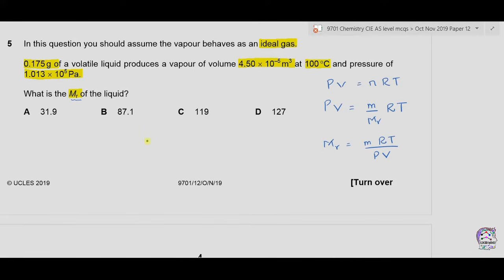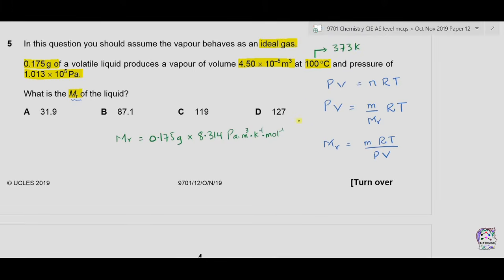Now we can put the values. Mr will be equal to mass, which is 0.175 grams, into the ideal gas constant, 8.314 pascals meter cube per Kelvin per mole. Temperature is given in degrees centigrade, so we have to convert it into Kelvin by adding 273.